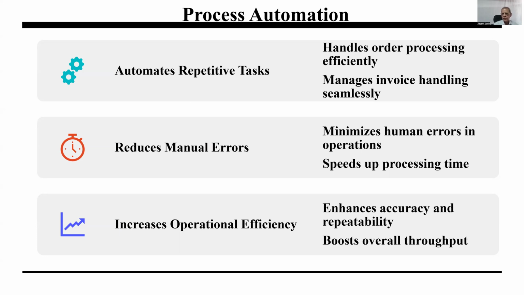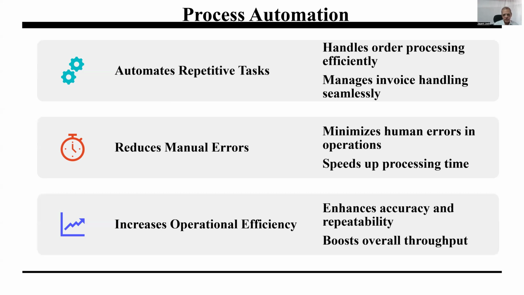So this repetitive task can be handled very efficiently, and there will not be any manual error. This manages even the invoicing and everything also. That seamless integration helps along with the use of artificial intelligence.